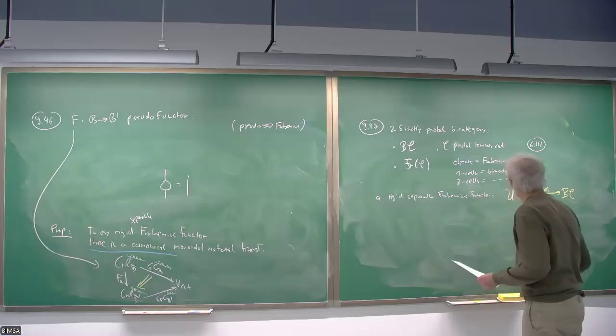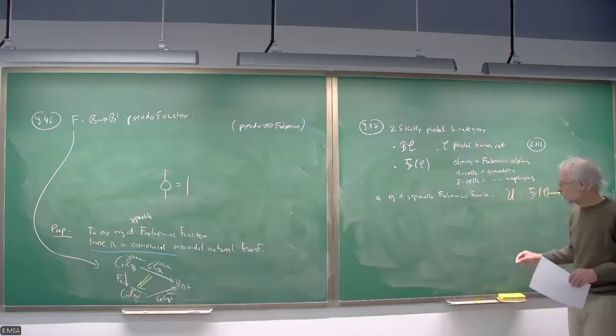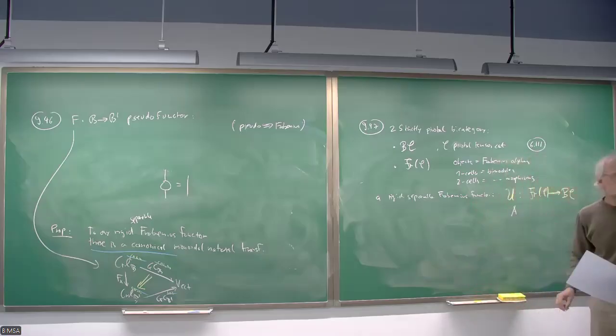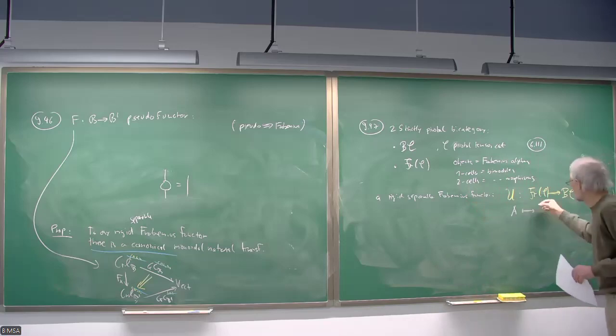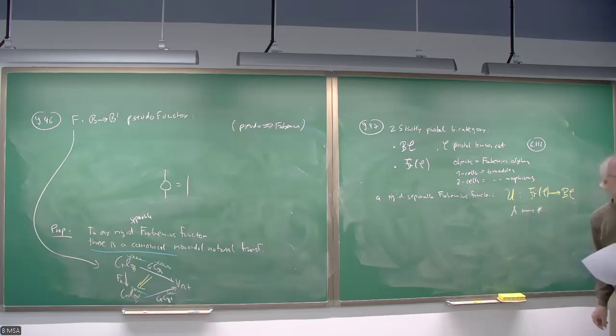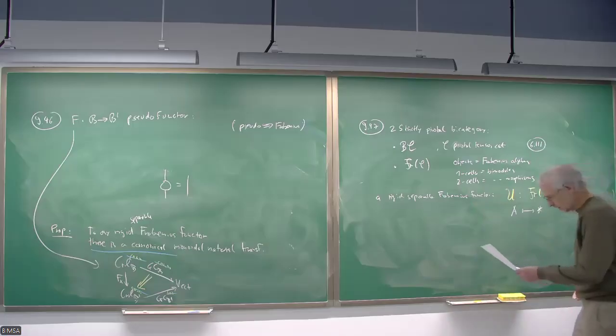Which does what? Well, first on objects, I have a Frobenius algebra A. I don't have much choice because BC has only a single object, so I have to map to that.